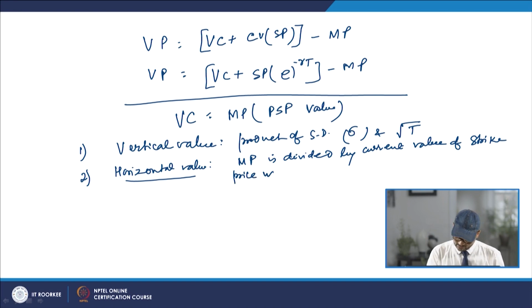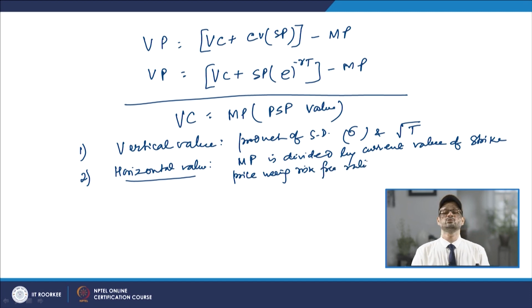Using the risk free rate, you have to find the current price. So you will be dividing it by that factor, and for the actual maturity time it will be calculated.